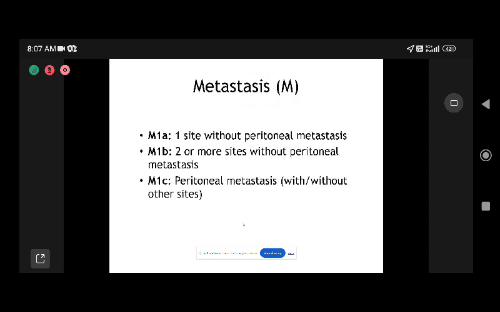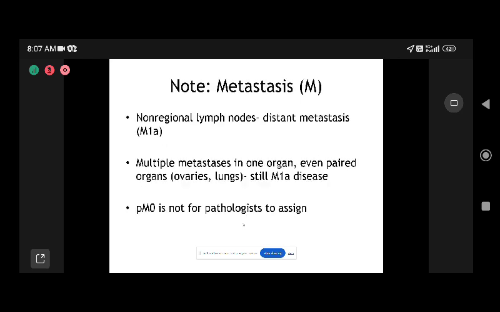Metastasis, it's not in our purview to write about unless we know that it has been a separately sent tissue. So M1A is when you have any one site without peritoneal metastasis. When you have 2 or more sites without peritoneal metastasis, that is M1B, and M1C is when you have peritoneal metastasis. And it is also important that non-regional lymph nodes, if they are involved, are counted as distant metastasis.